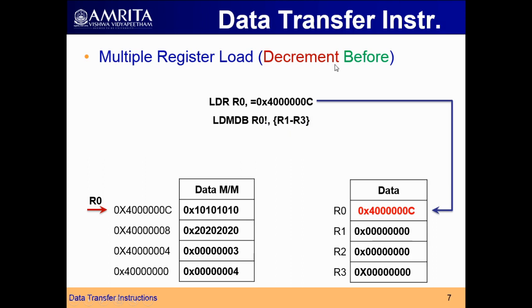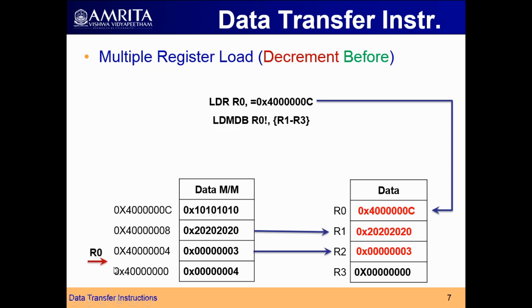So what does it mean? Since it is decrement before, the address pointer will decrement first, before the load or store operation is done. So it will decrement, then the data present in that location will be moved on to R1. Again the address pointer will decrement, and the data present in that location will be moved on to R2.